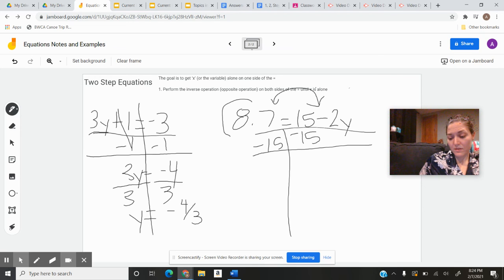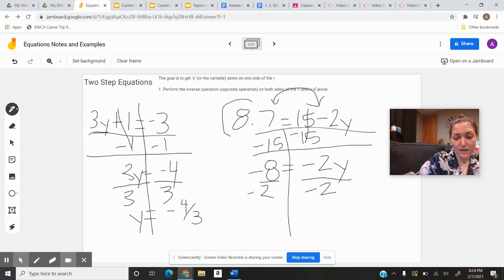So 7 minus 15 equals -8. And I'm just going to copy down whatever's left in my equation, and that's just -2y. All right, now I have this -2 times y. In order to get rid of that, I can do the opposite and just divide by -2.